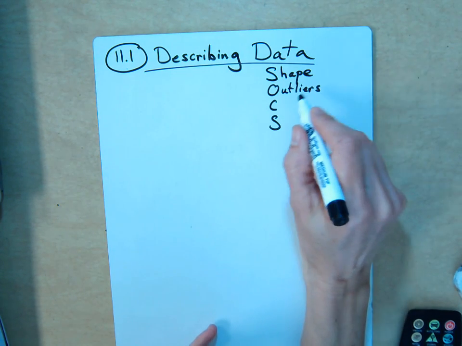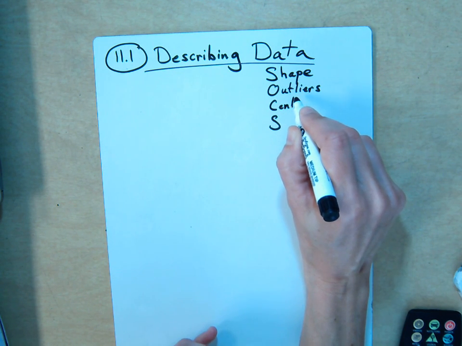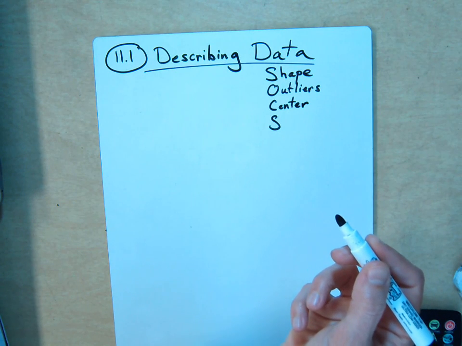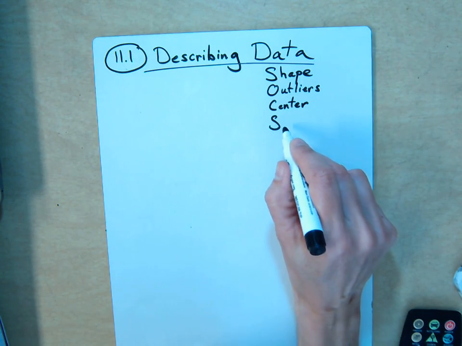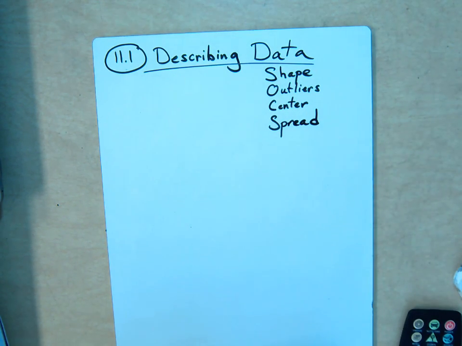I'll fill that in a second. And then we want to look at the center of the values. There's ways to measure center, and there's also ways to measure how spread out the data is. So a nice little acronym is SOCS: shape, outliers, center, spread. Those are the different possibilities for describing data.